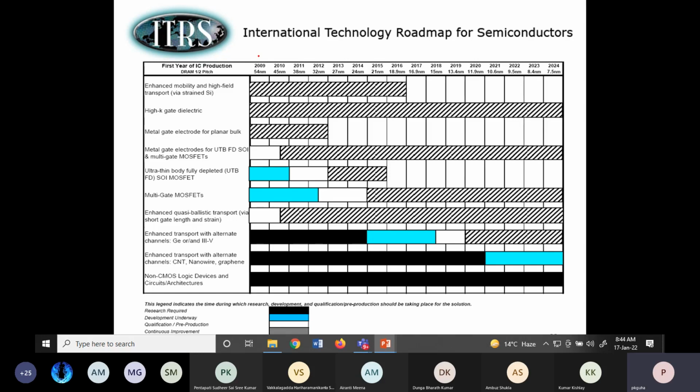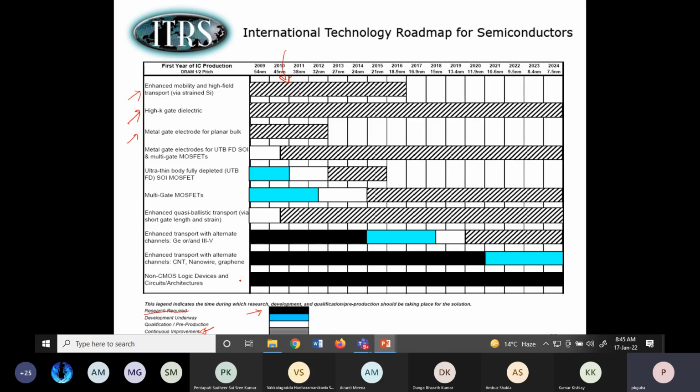They predicted all these fields in 2008. You see these hashed lines are showing continuous improvement. If you look at the bold black lines, this is research required.